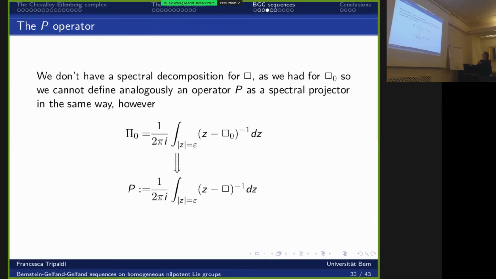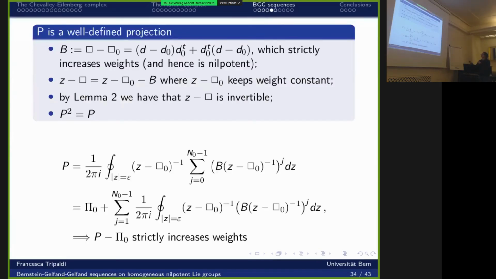Now the question is, does this even make sense, this Z minus box inverse? And actually it does, because basically if I remove the box 0, this thing increases weight, right? It's always the same two lemmas that I'm applying. So it strictly increases the weight, so it's nilpotent.